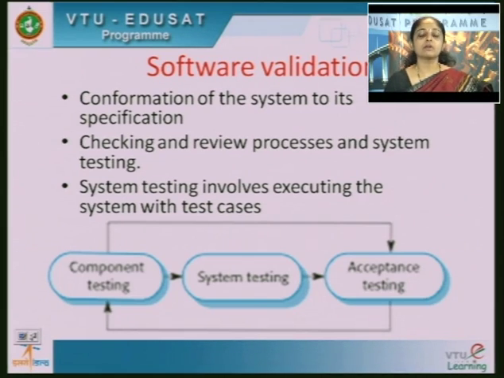We are going to cross verify whether this software is behaving the way the requirement has been specified by the customer. That is confirmation of the system to its specification. That is your software verification.